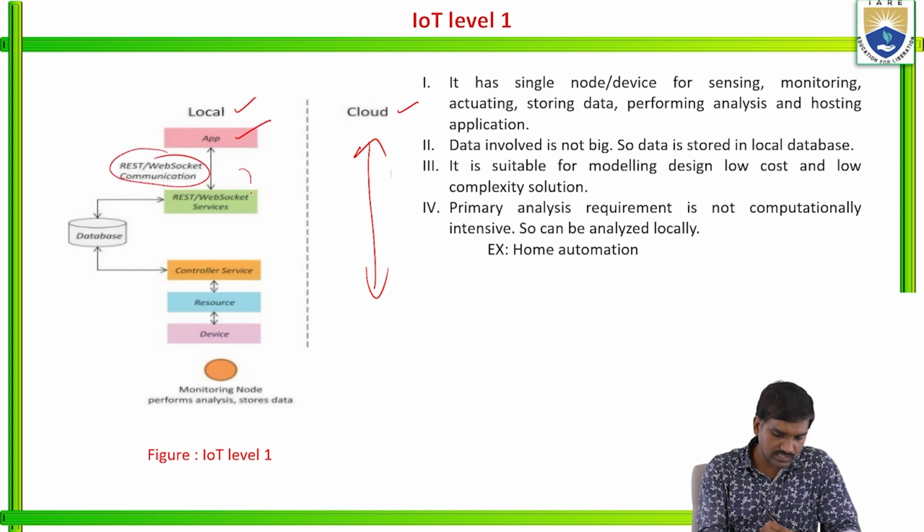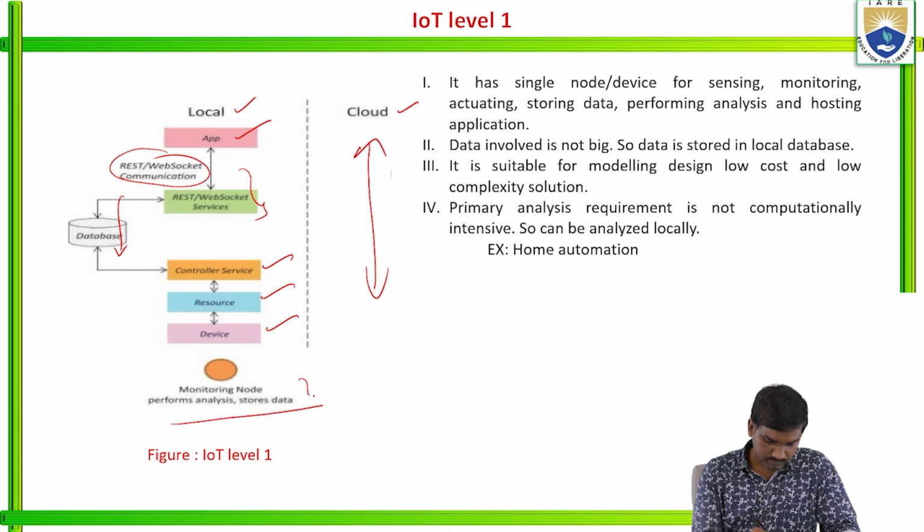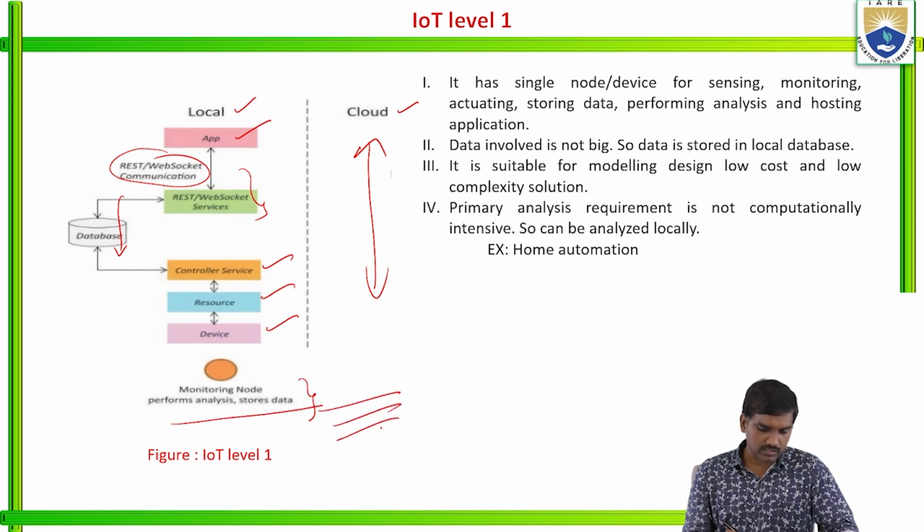Using WebSocket services, we have some database, apart from the controller service, resource, and devices. It is the monitoring node to perform performance analysis and store data. So this is IoT level 1. The best example for level 1 is a home automation system. That is a very basic IoT system.